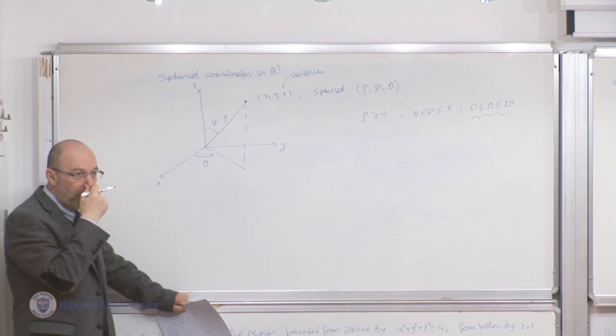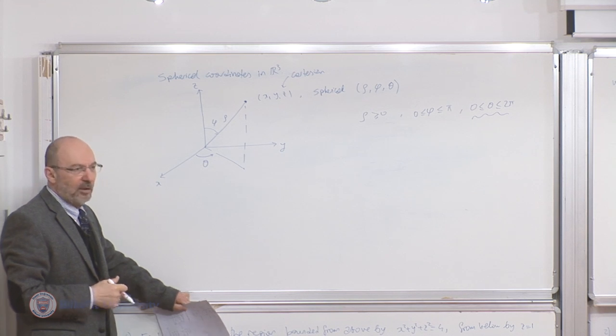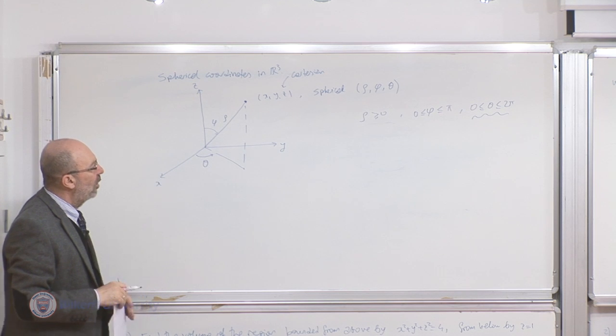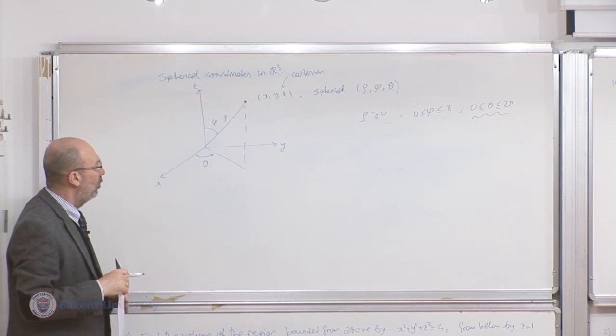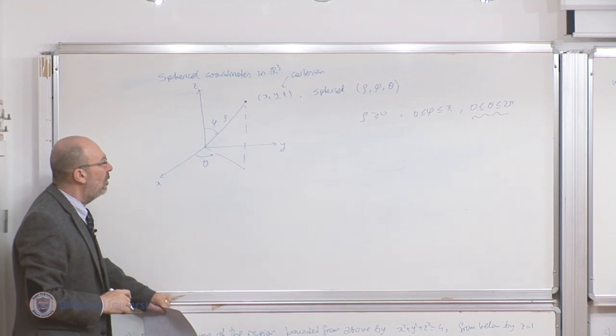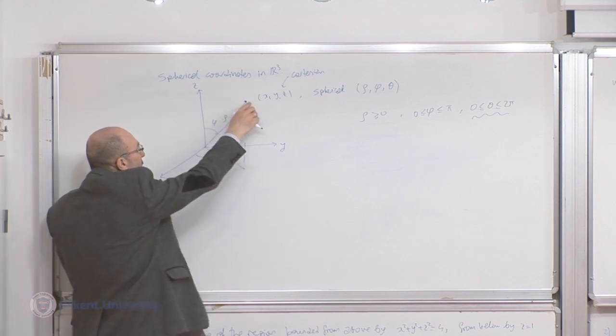If you want unique coordinates, then theta must be between 0 and 2 pi. But now that we understand theta tells you how we move around here, you can have large theta as long as you know what you are doing. So these are the three numbers that will describe this point.